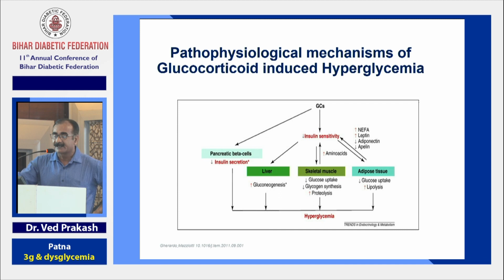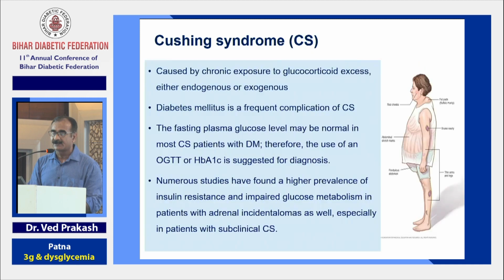At the skeletal muscle level, they decrease glucose uptake by the muscle and adipose tissue. They decrease glycogen synthesis and increase proteolysis, and at the adipose tissue level they cause lipolysis and decreased glucose uptake into the adipocytes. These are the main physiologic actions of the glucocorticoids.